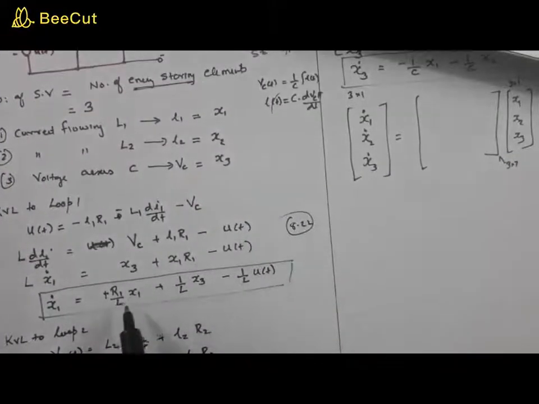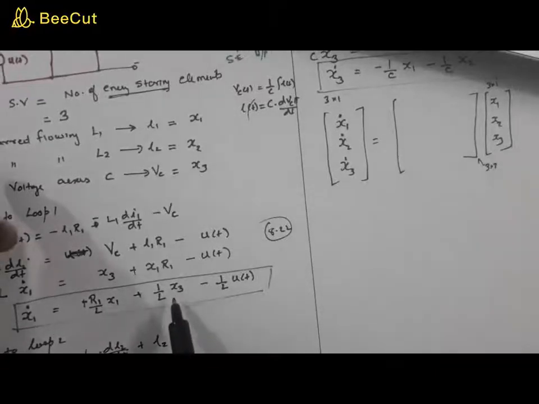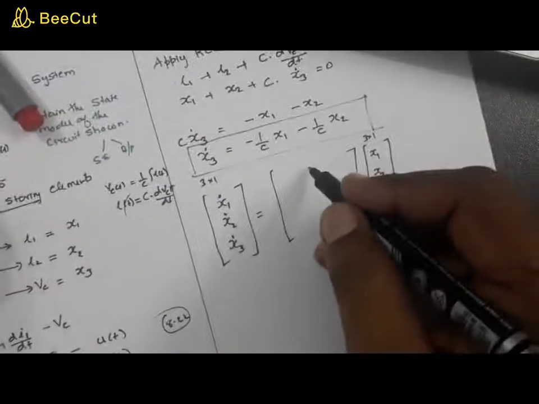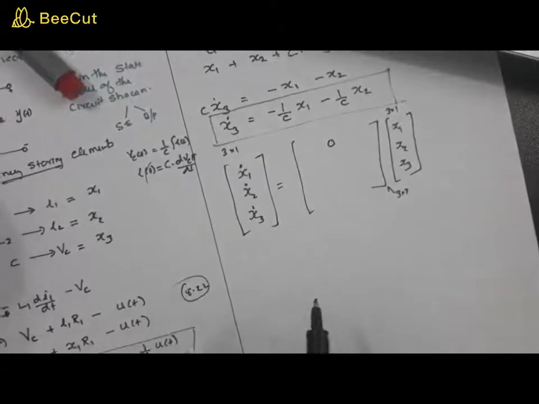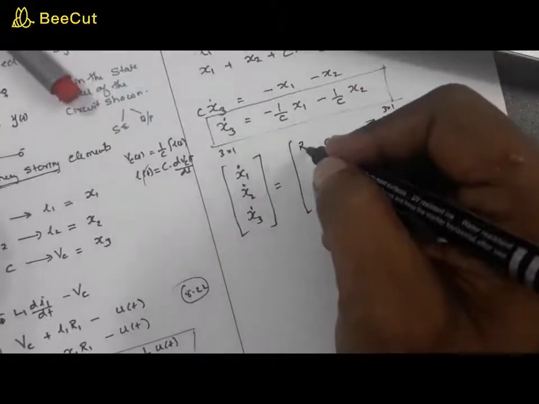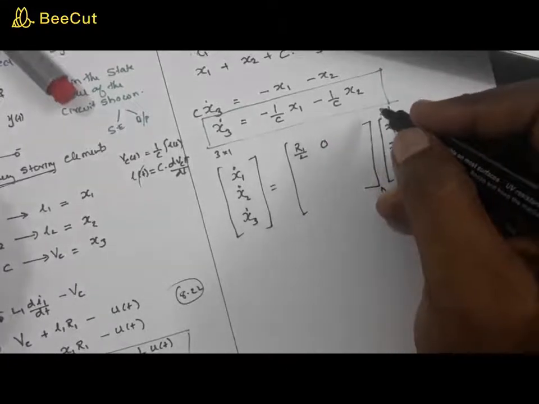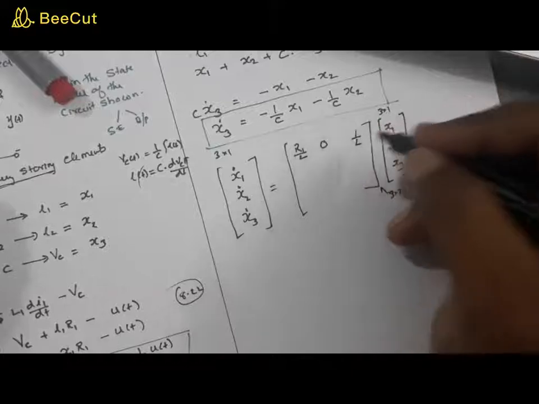When you look at the x1 dot, you have a part of x1, you have one part of x3 and x2 is 0. So that means in the first row, the middle term will be 0. The other terms will be R1 by L and the other one will be 1 by L, right?